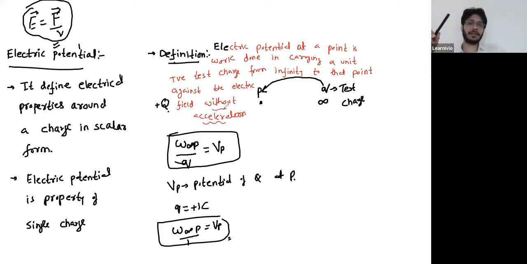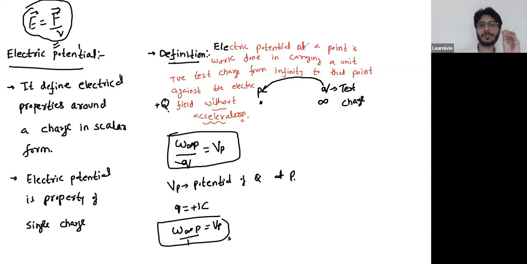If your charge accelerates, then along with potential, it will generate electromagnetic waves, just like light waves. An accelerated charge is source of light waves, electromagnetic waves. So just to avoid electromagnetic waves, we consider that charge is moving without any acceleration. I'm repeating it again, if you consider the acceleration of charge, then the problem will become complicated.